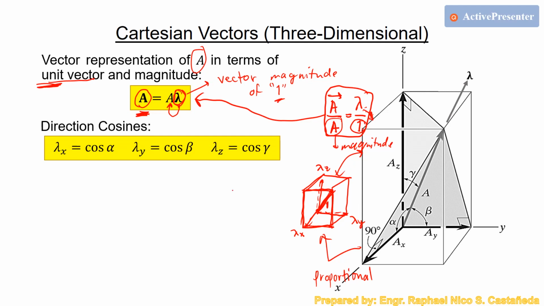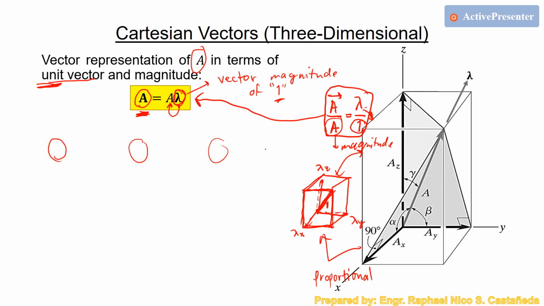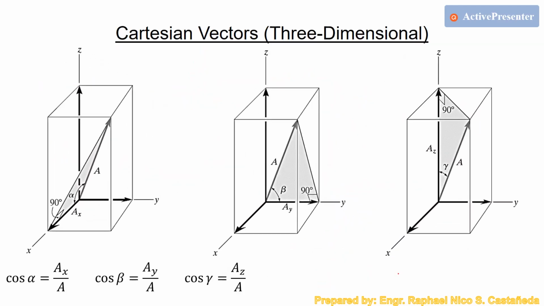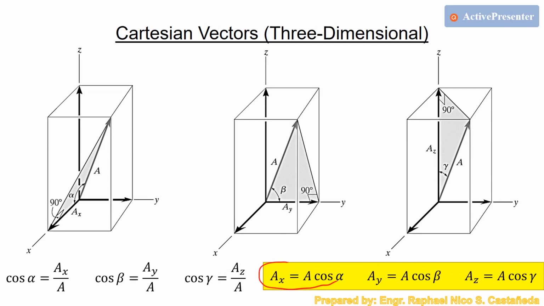So let's discuss the three components of lambda: lambda X, lambda Y, and lambda Z. Remember from our previous formula, let's go back here. If we apply this formula, we have Ax equals A cosine theta applied to the unit vector lambda.